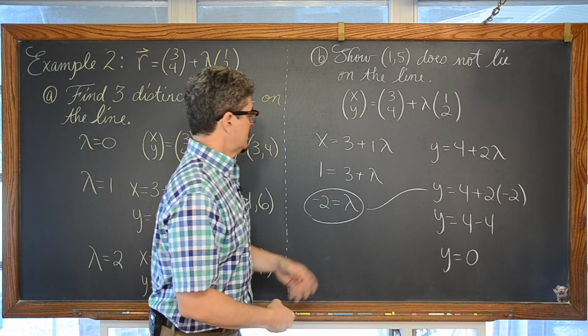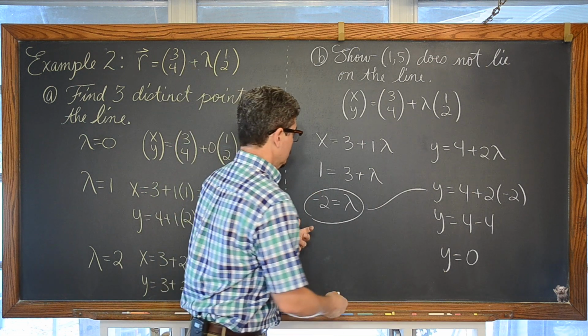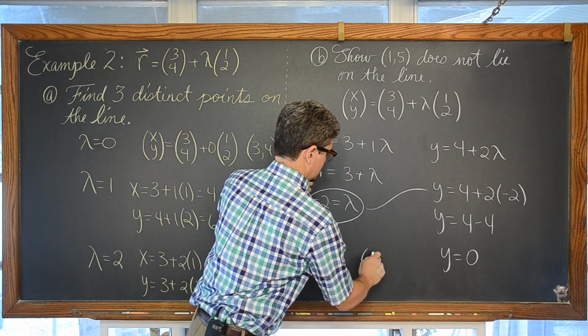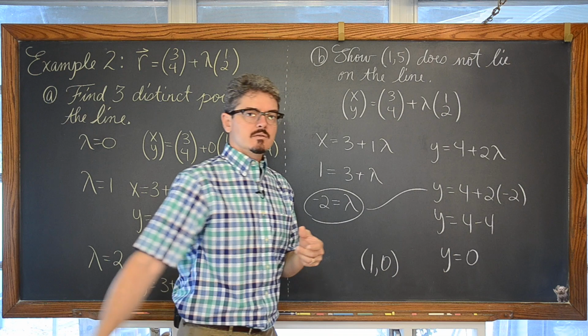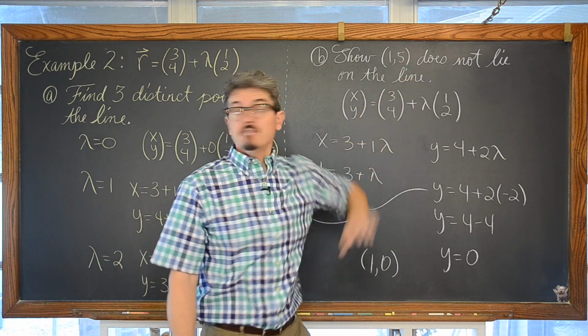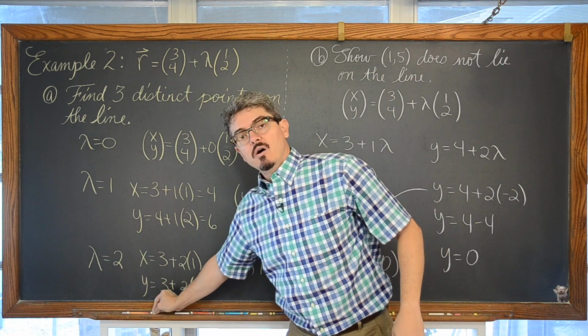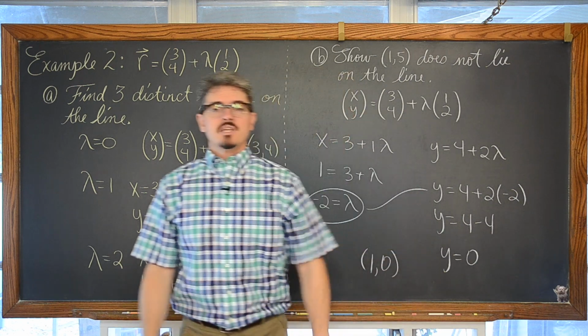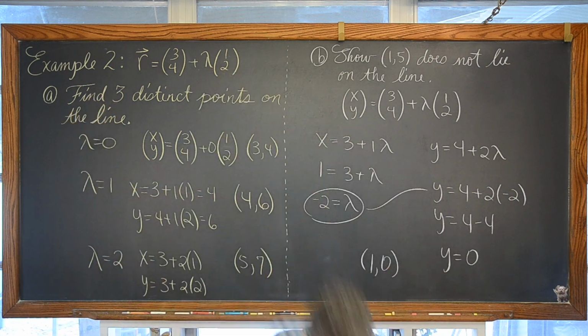So really the point 1, 0 is on the line, but 1, 5 is definitely not on that line. Got one more example coming up right now.